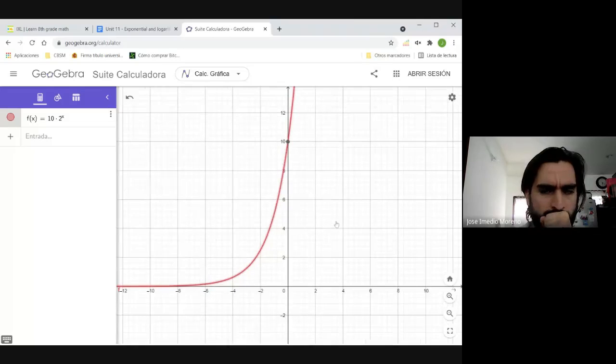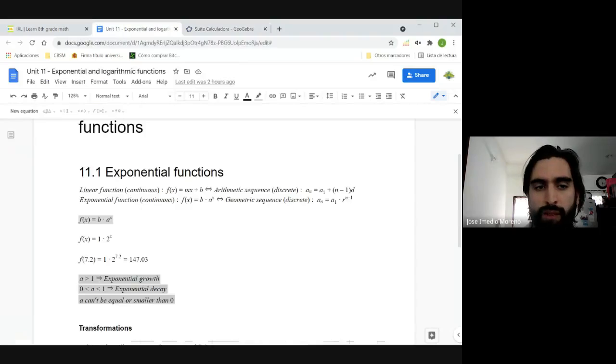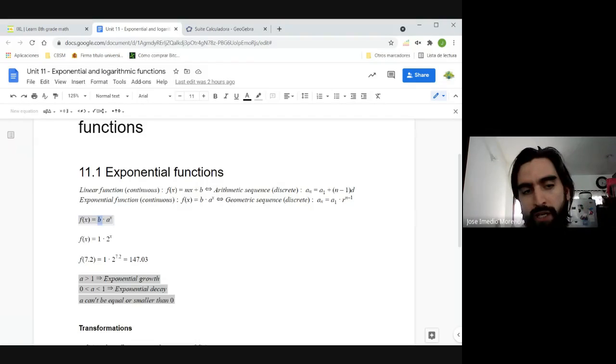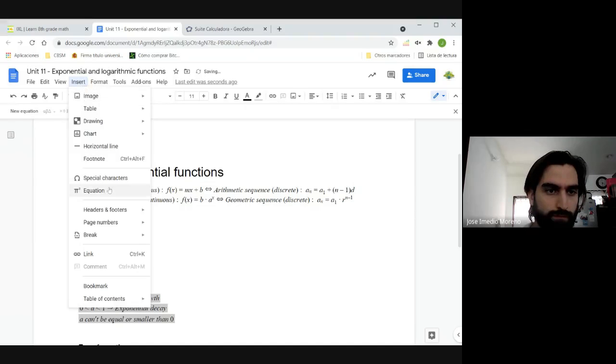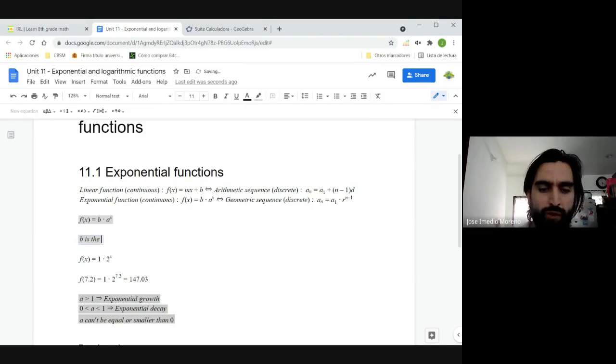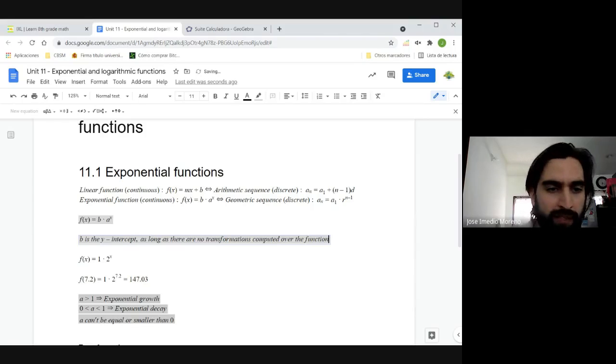This is an exponential function, and this 10, this b, we can say b is the y-intercept as long as there are no transformations computed over the function. I will explain this later.